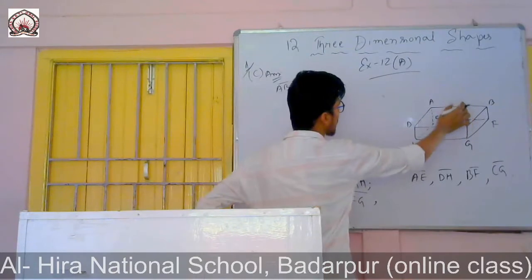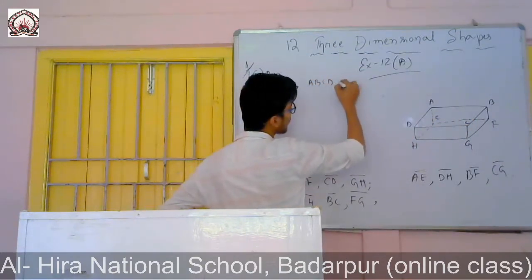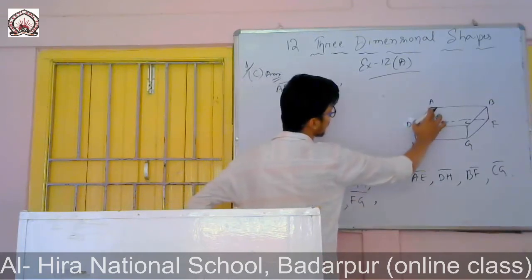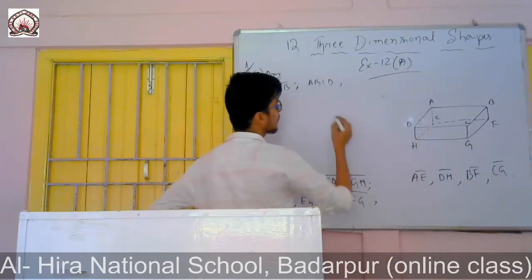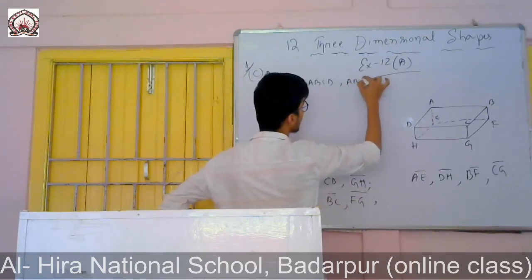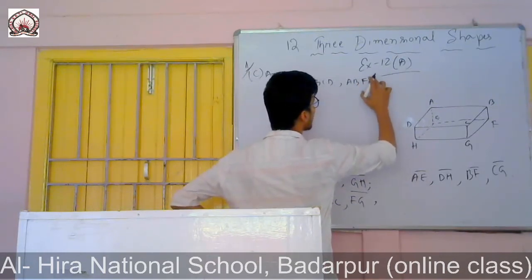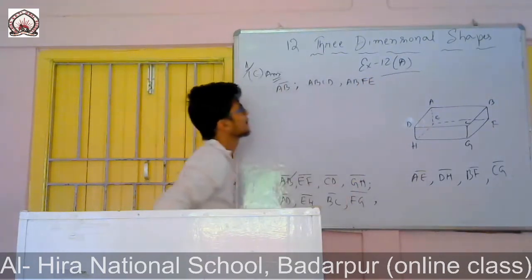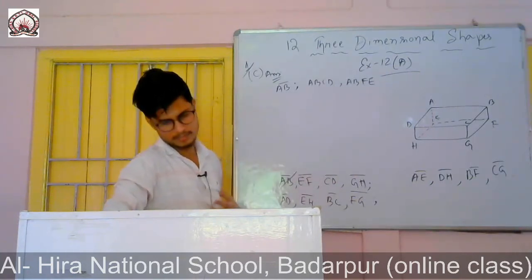AB written. With AB, which two? ABCD, comma, and ABFE. So with this side these two are associated.